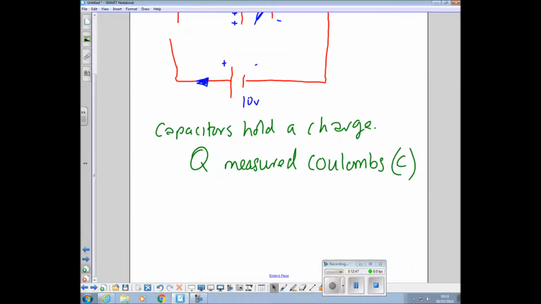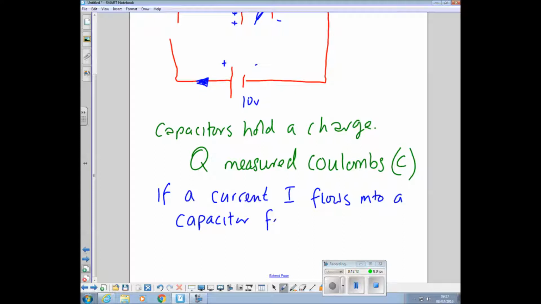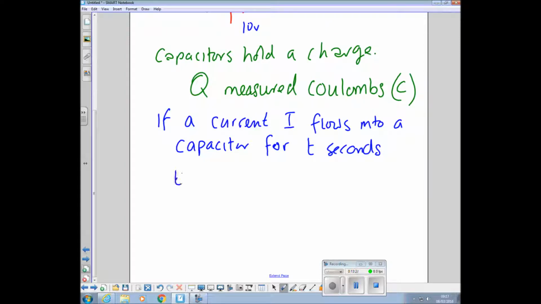We can calculate Q if a current I flows into a capacitor for T seconds, then Q is equal to I times T coulombs.